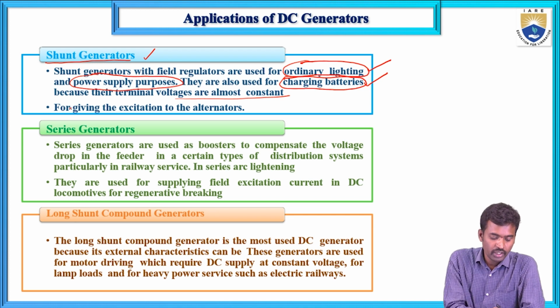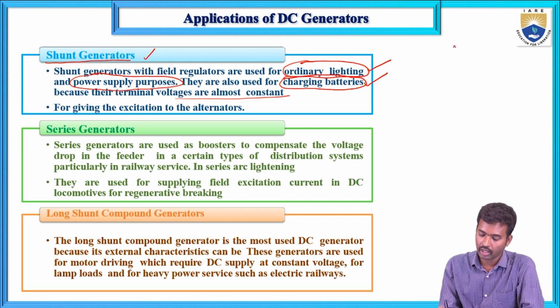And here, for giving excitation, the alternator has three phases. This is the armature of the alternator, and this is the field winding.